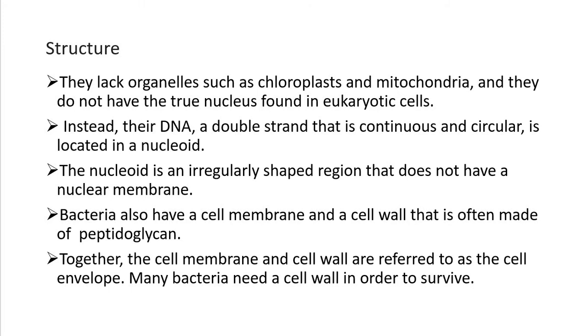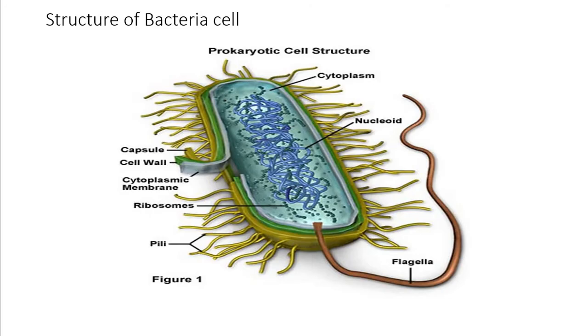Here we can see the structure of bacteria. See, here we can see the capsule. Capsule is called the outer layer. The green color that we are seeing here is the capsule. It is a gelatinous layer present on the surface of some bacterial cell walls.